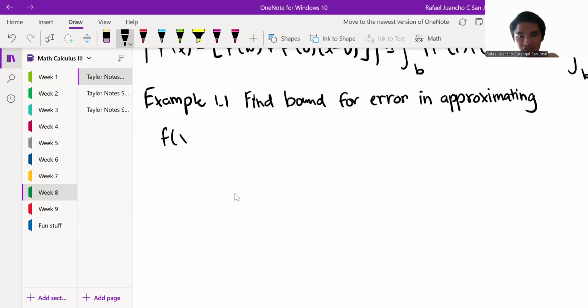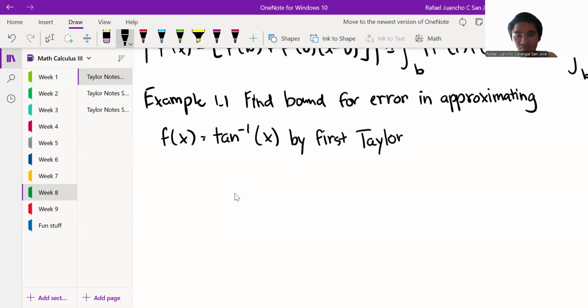We're going to say f of x is inverse tangent, or arctan, or tan to the -1. Here we're going to use the first Taylor polynomial, which is basically a tangent line approximation.